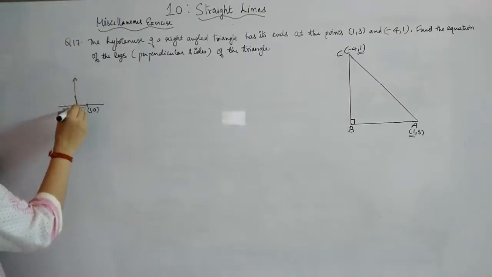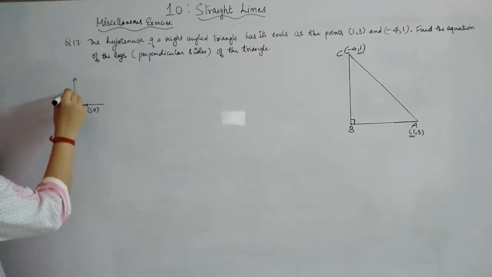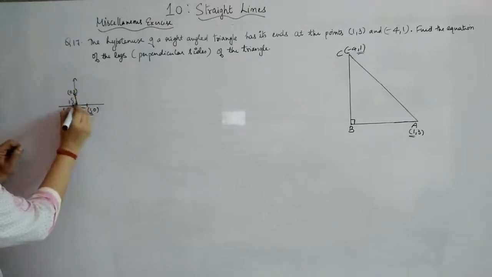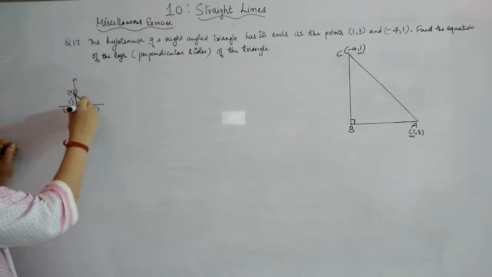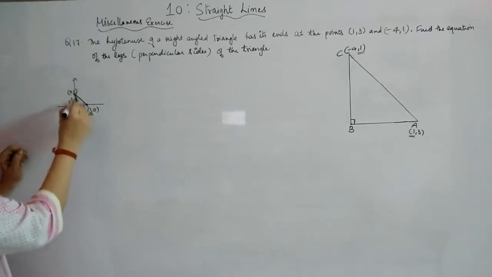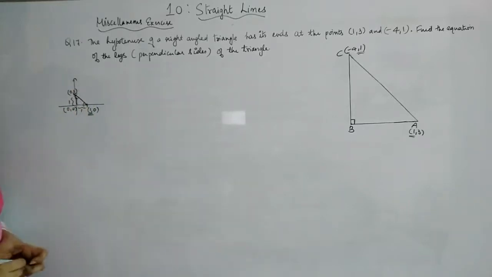Suppose same distance I am taking 1, means I will write it as 0, 1. So I can say that this is equal to this, means these distances are same, right? Like this, these distances are same means you can say that the opposite sides will be equal. That means it will form an isosceles triangle.